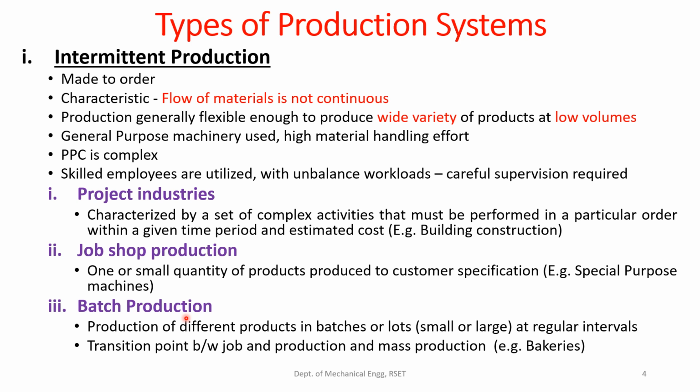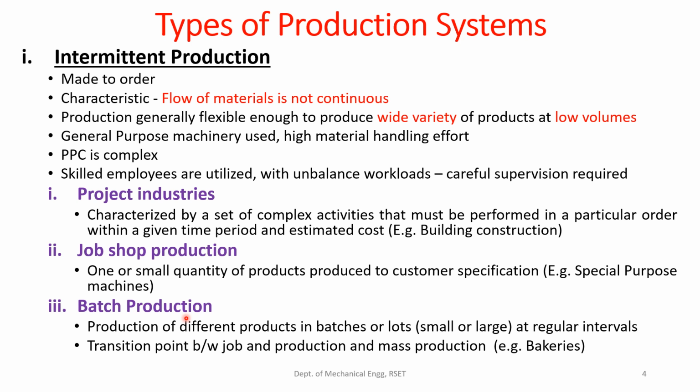Now, the second kind of intermittent production system is a job shop production, where one or a small quantity of products are produced to customer specifications. An example for this would be companies or industries involved in the manufacture of special purpose equipment or machinery. They produce one or a small quantity of a required product as per customer specification.